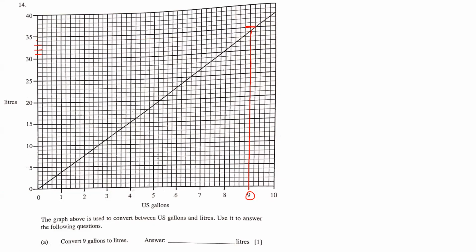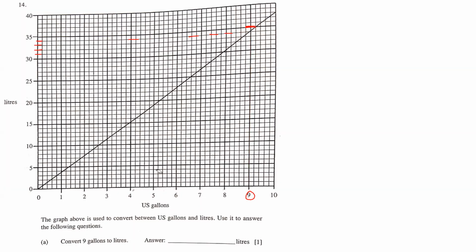Now, if we go directly over, if we look at it, it's the same line. We can see that right here is where we have it. But that's 34, and it's not exactly 34, because if you look carefully, let's zoom in.